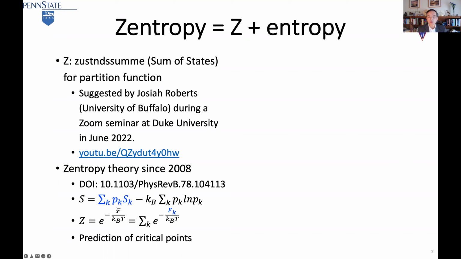The entropy of the system consists of two parts: the weighted sum of the entropy of individual microstates, plus the contribution from the configuration entropy among the microstates. Pk here is the probability of each microstate in the system. We have used this method to predict magnetic transitions successfully, including the critical points.